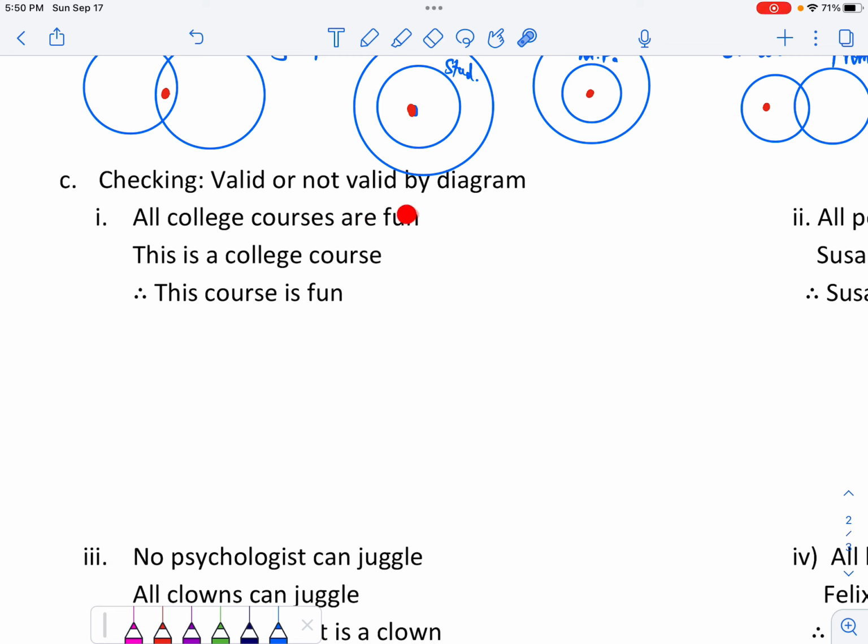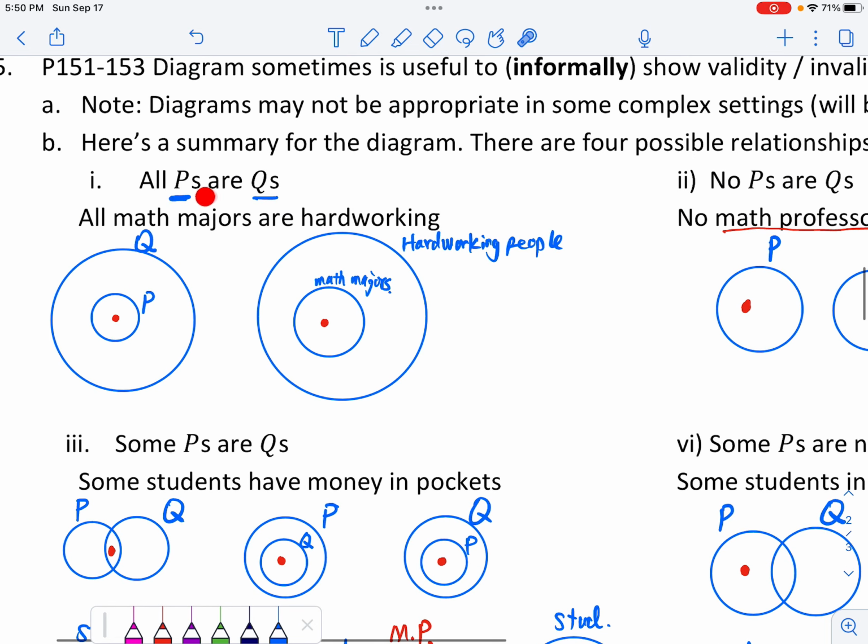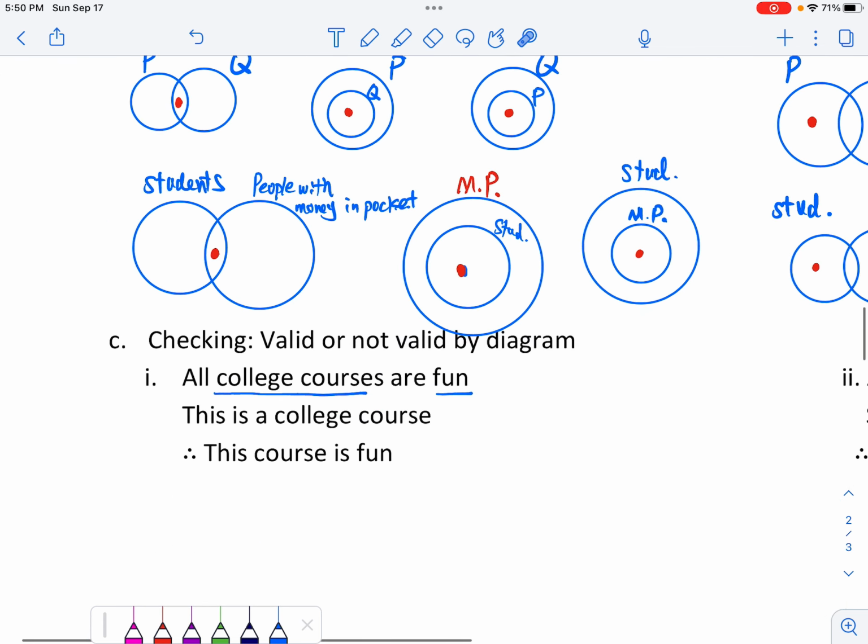So let's try to graph the first statement, and we do see 2 things, right? One is college courses. The second thing is fun things, or fun courses. Okay, two sets, one set inside the other. So this is what we are talking about: all P's are Q's. So we have to make sure that it's this graph.